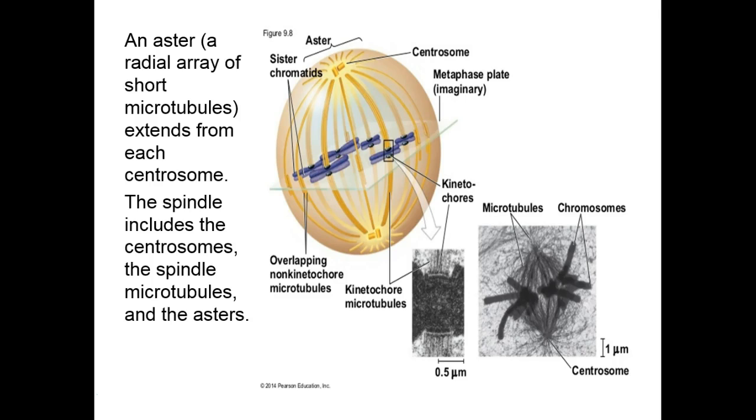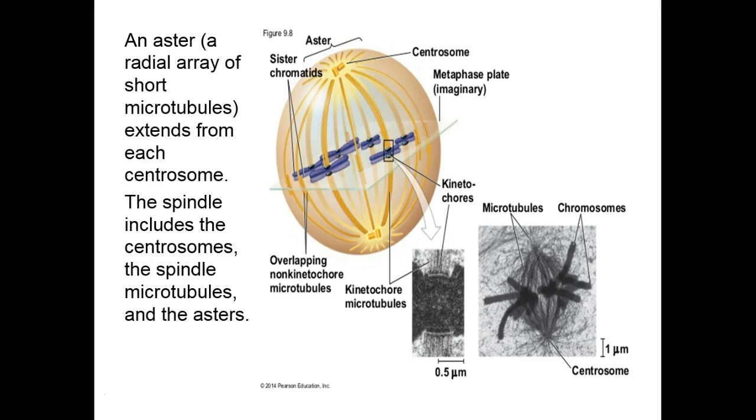You have a microtubule attached to one kinetochore and attached to the other, and they're pulling in opposite poles. And that equal pulling in opposite poles, or opposite ends of the cell, is what allows these chromosomes to line up down the middle. And then the enzyme comes along and breaks down the cohesion between the chromosomes.